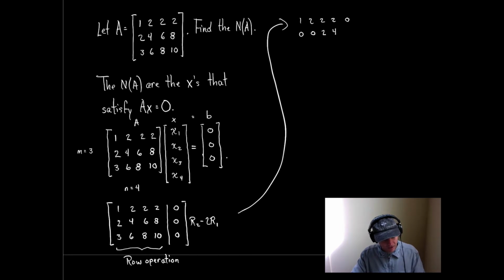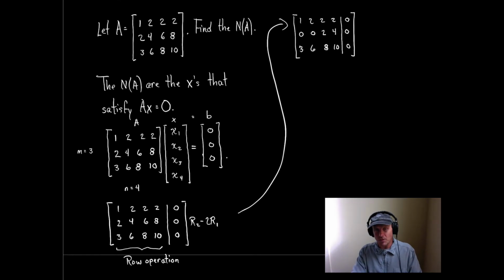And then notice this: in the right-hand column, if I take 0 of row 2 and subtract 2 zeros from row 1, it's still 0. And then my third row remains unchanged: 3, 6, 8, 10, 0. So the point is, look at this. By doing row operations, this only works for when Ax equals 0. But the row operations, let me write that.